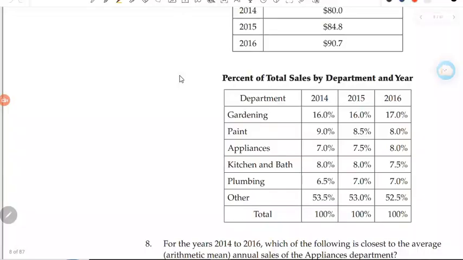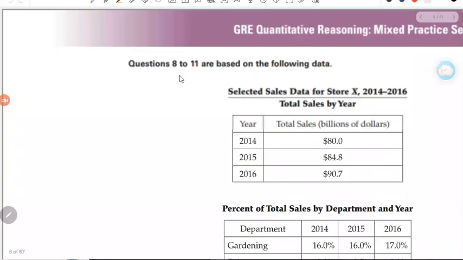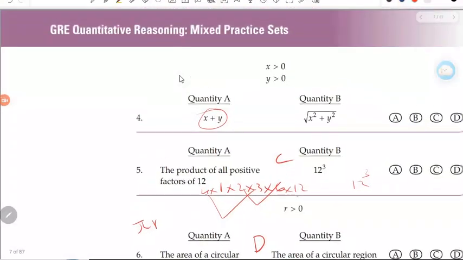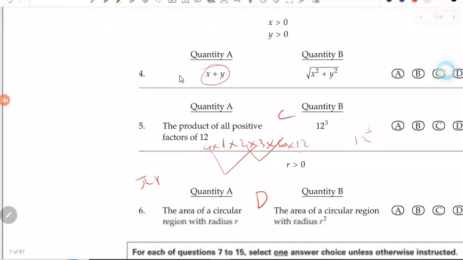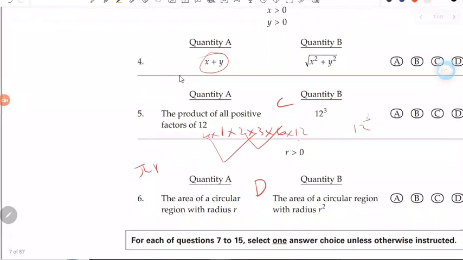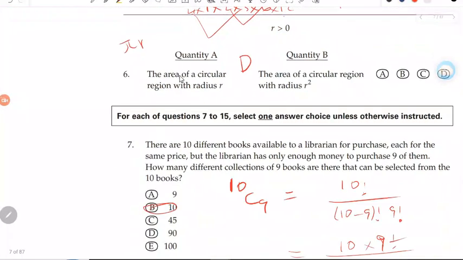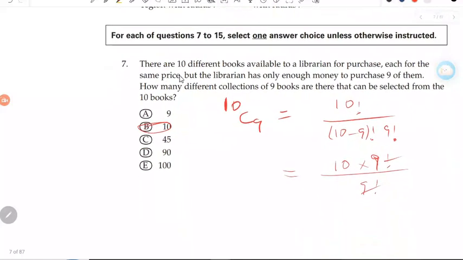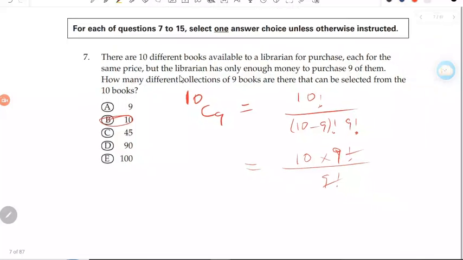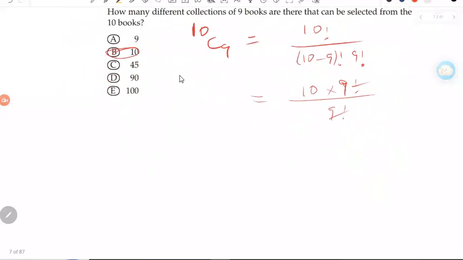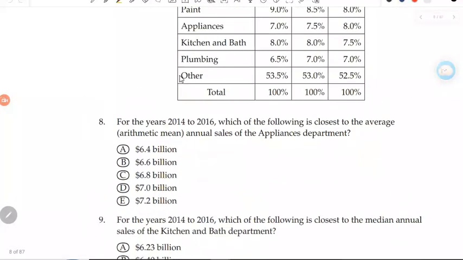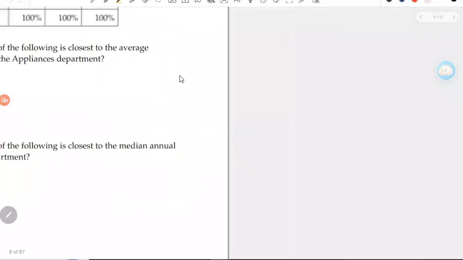We solved 1, 2, 3, 4, 5, 6, 7. That's actually 7 questions. 7 questions out of 12 is already enough, if you get them correctly, to give you a pass mark.